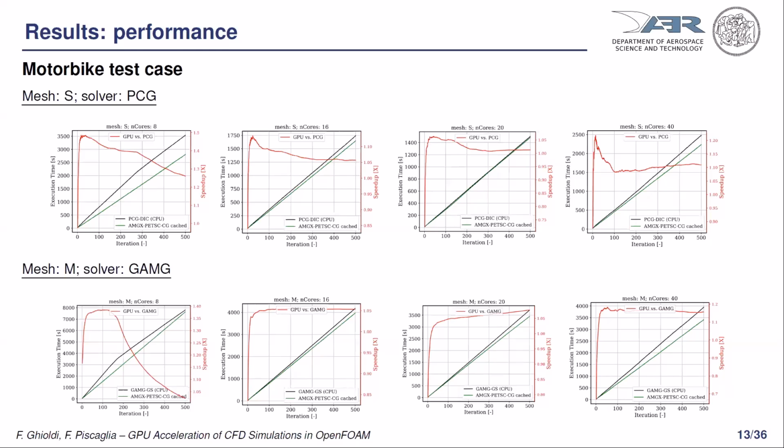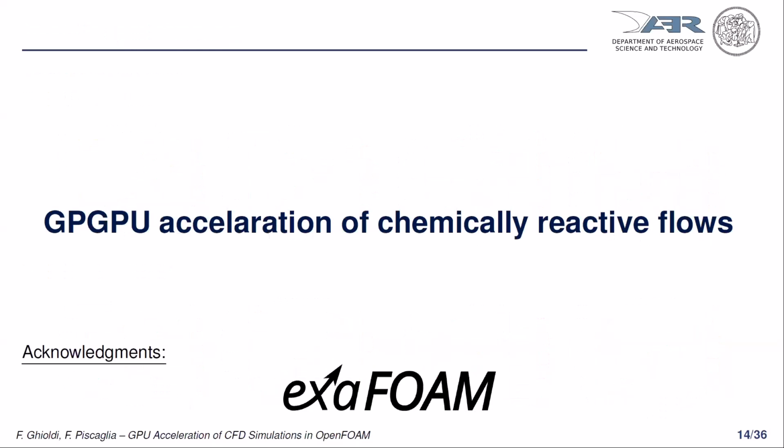But at higher numbers, we confirm what has been already said by other presenters, and we see that there is a certain speed up, which is in the order of up to 2 per. Pretty much. So, two per.